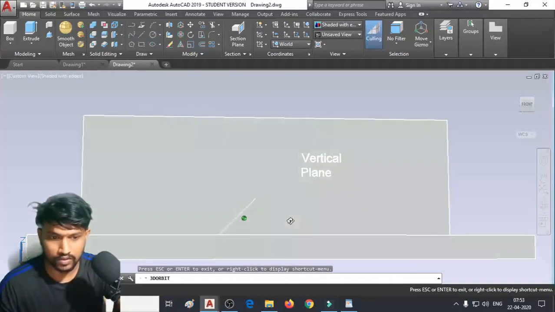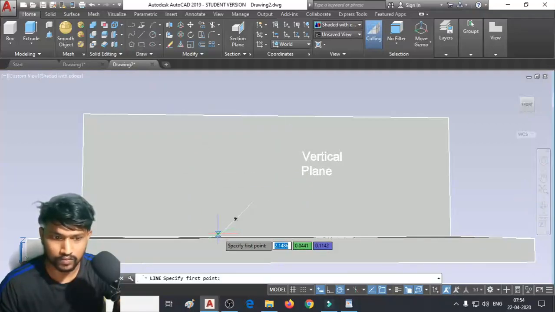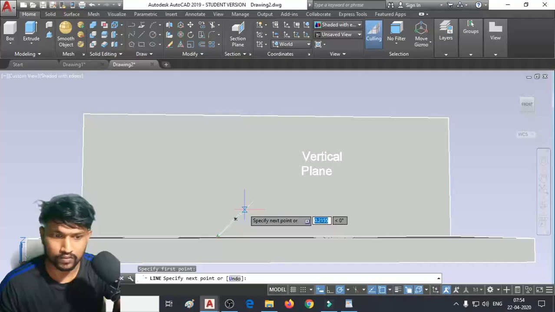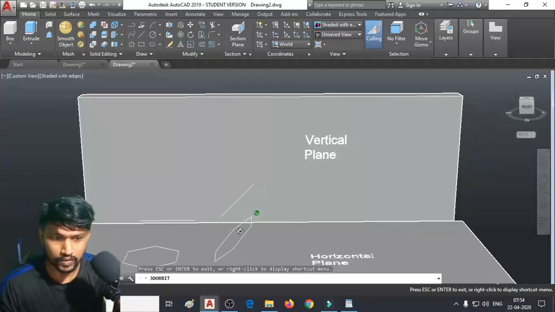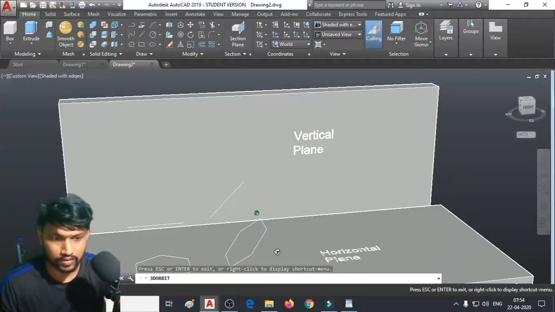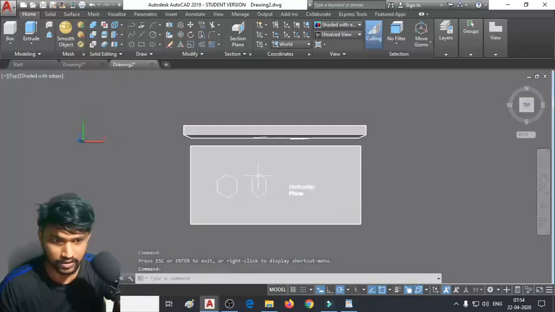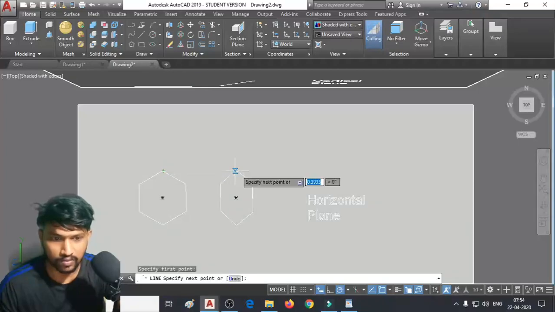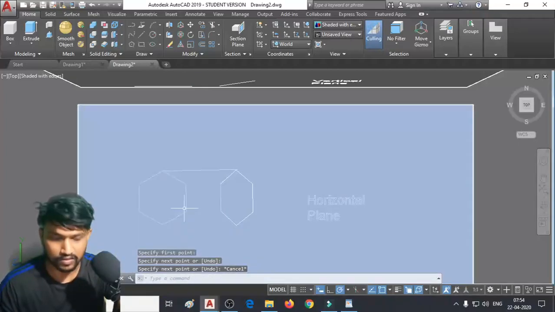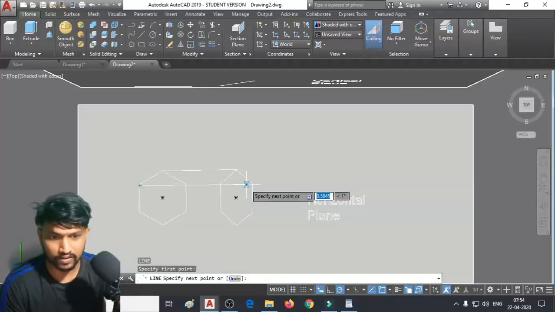Let me draw this straight line too. So I'm going to construct this line initially, and then I'm going to use the projections here. The lines that I'm about to draw are just approximations. Don't take them as perfect.